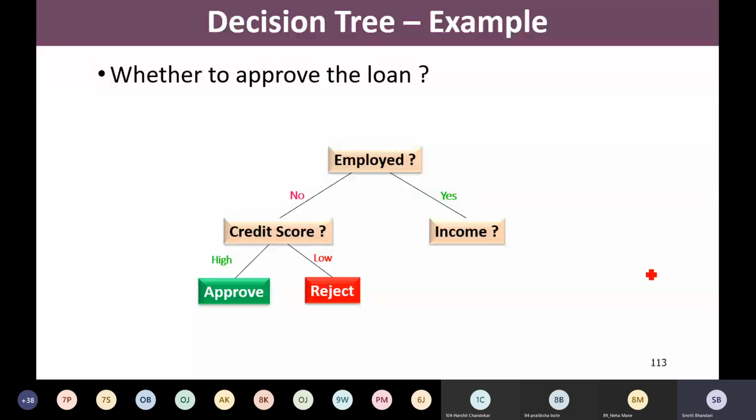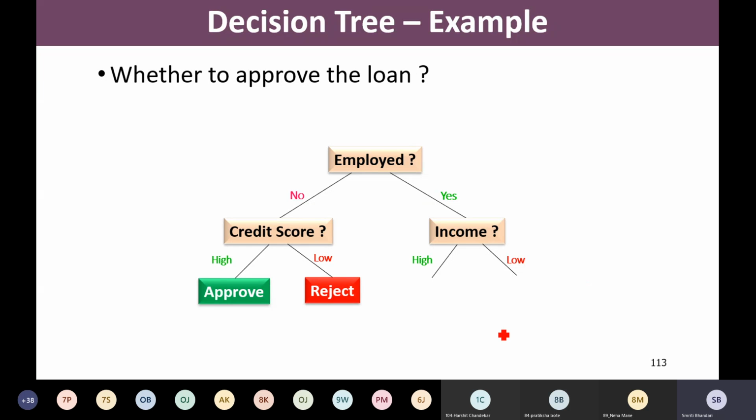Now let us assume that once again we have two possibilities for this attribute income: high income or low income, based on a certain threshold. The bank officials say if the income is above that threshold, we call it high income.